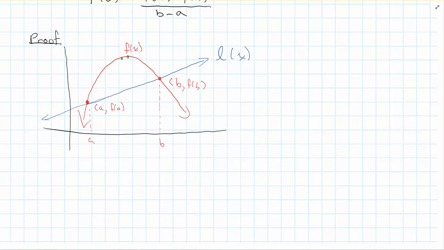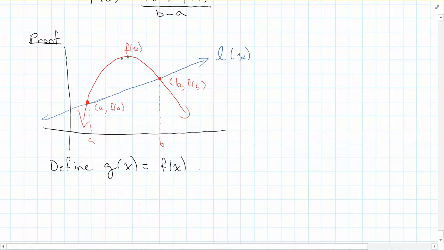So what we're going to do here is define g(x) equal to f(x) minus L(x). Now we're going to notice a couple of things. First off, g(x) is continuous on the closed interval [a, b].